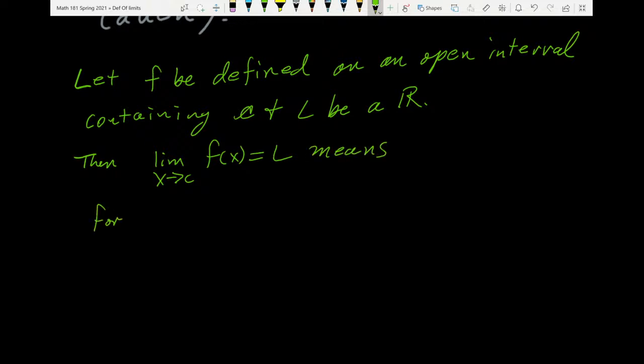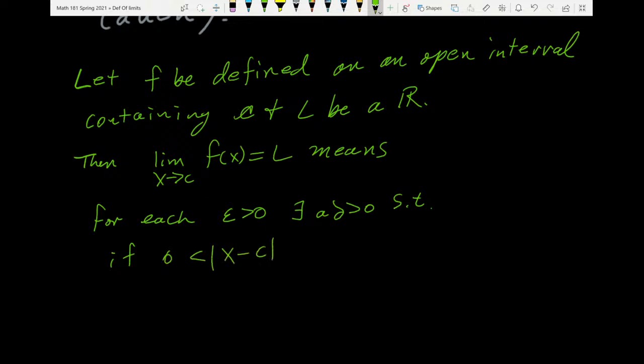It means for each epsilon greater than 0, there exists a delta greater than 0 such that if the distance from C is greater than 0 but less than delta, then the distance of f of x to L is going to be less than epsilon.